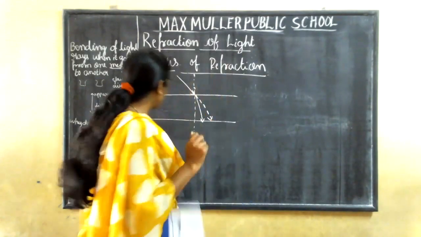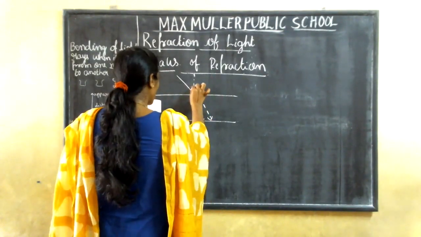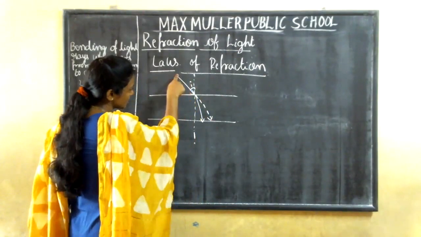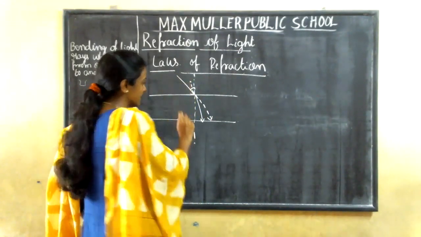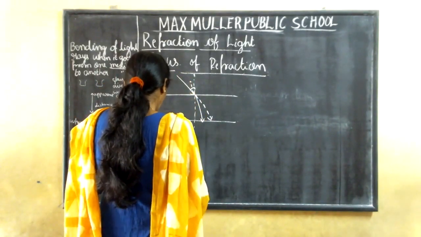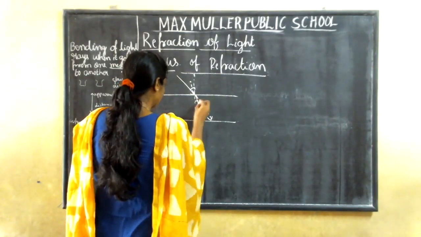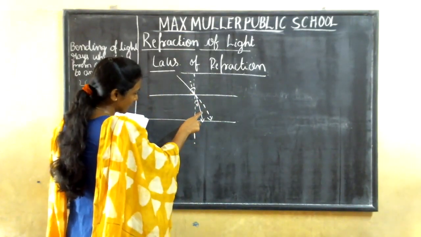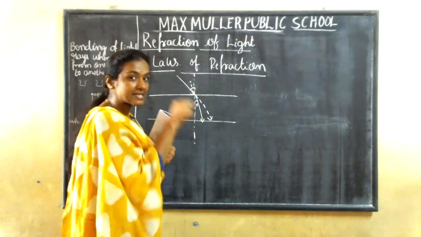Second law it is here. Second law is here, angle of incidence. Here I have taken I because this is the incident ray, isn't it? So it is taken as I here. Angle of incidence and angle of refraction R here. This is the R, the refracted ray, from the normal ray to the refracted ray. This is the real position of the incident ray.